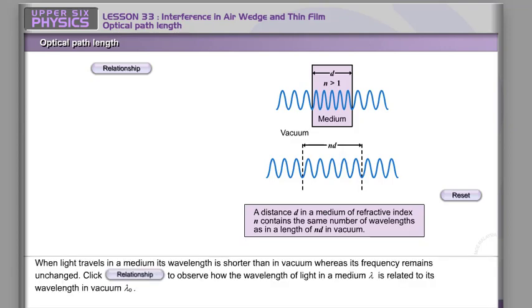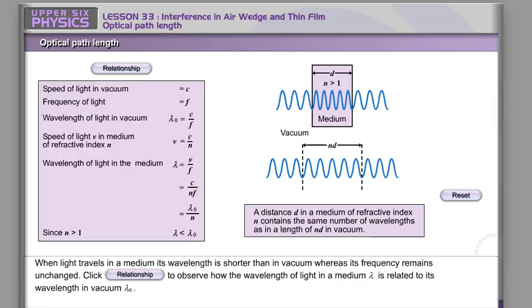When light travels in a medium, its wavelength is shorter than in vacuum, whereas its frequency remains unchanged. Click the Relationship button to observe how the wavelength of light in a medium lambda is related to its wavelength in vacuum lambda naught.